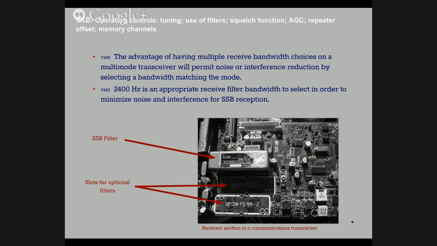And operating in different modes requires different bandwidths. And so we'll generally have a certain amount of filtering capability on the receive side. By reducing the bandwidth, we can clear up a signal considerably by using whichever bandwidth is appropriate for a certain mode.